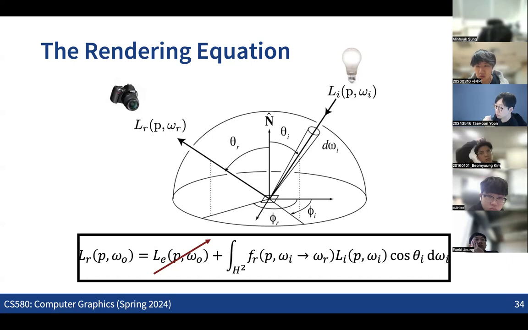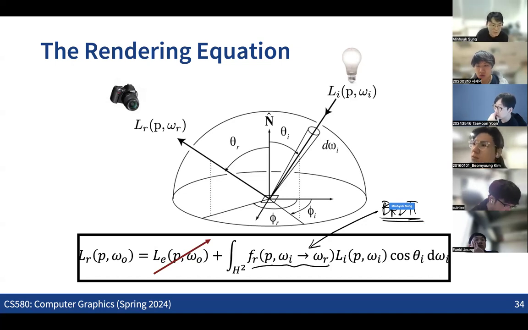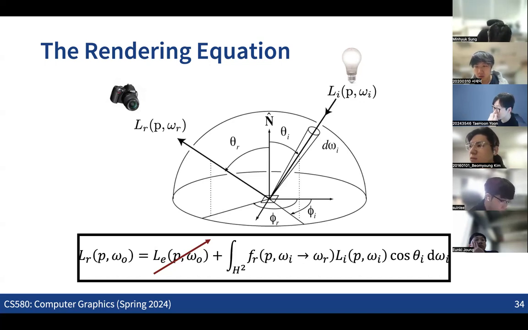And this function, which defines the ratio of light transport for each incoming and outgoing direction, was called the BRDF, right? And we have seen that the BRDF characterizes the material properties of each surface. As you can see here, the key part is that we should be able to sample the solid angles over the hemisphere.